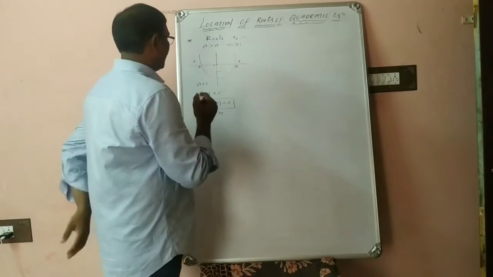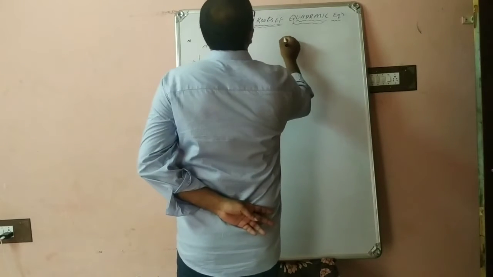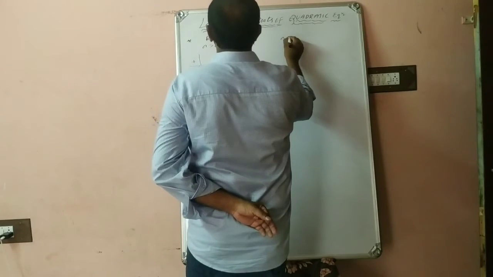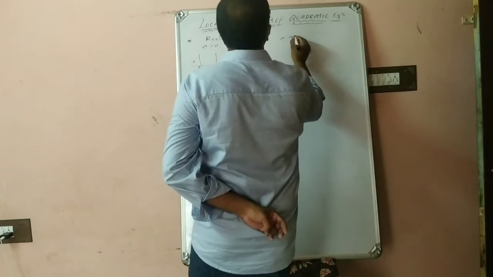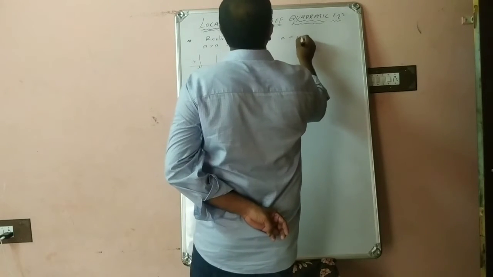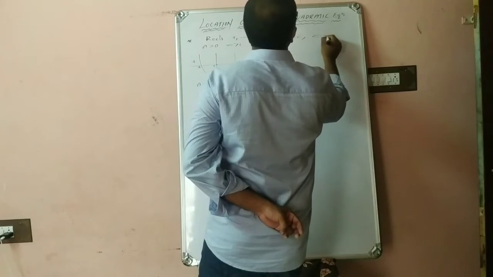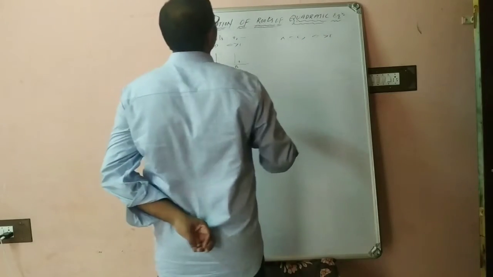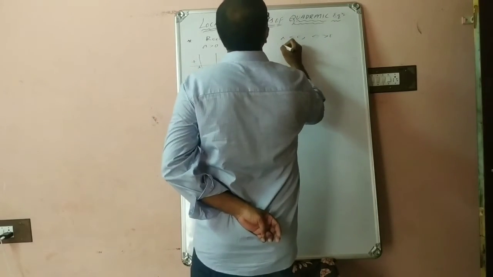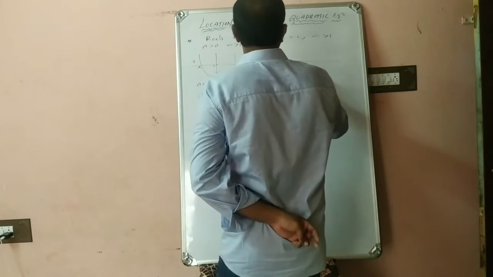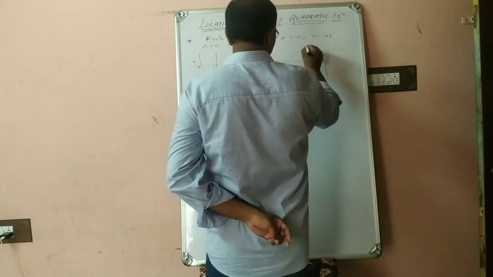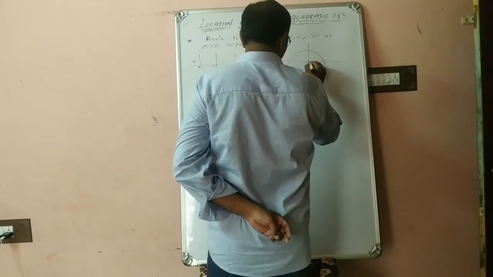And coming to another case, A negative. Coming to A negative and delta is greater than 0. In this case, we get a downward parabola, and the two roots must be one positive and one negative.